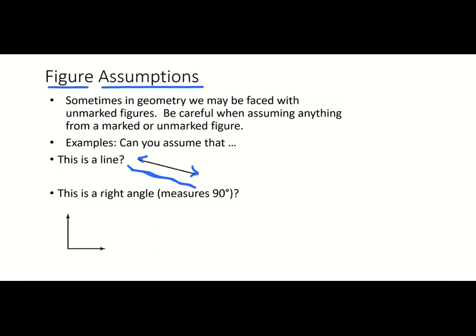If it's a 90-degree angle, they will either tell it to us, give us the information, or they will put that symbol in there. Otherwise, if that symbol isn't there, it could be 90.5 degrees, which does not make it a right angle anymore. It is not 90 degrees. So again, you have to make sure the marking is there.